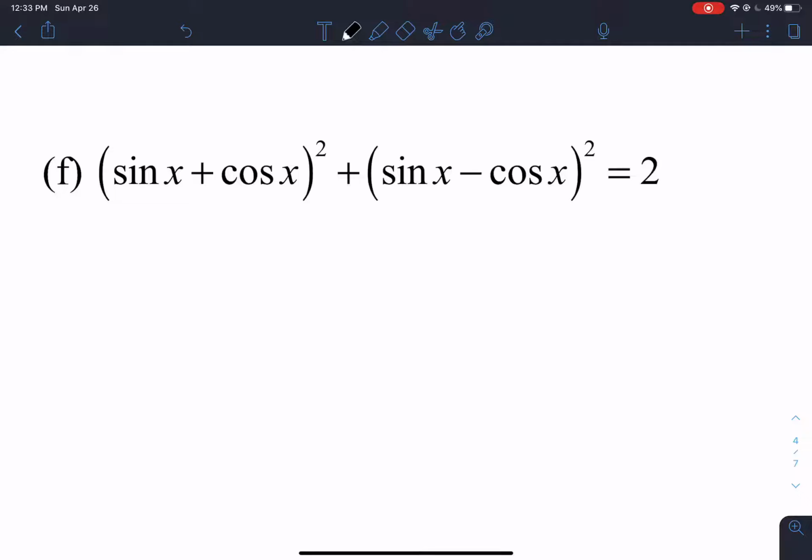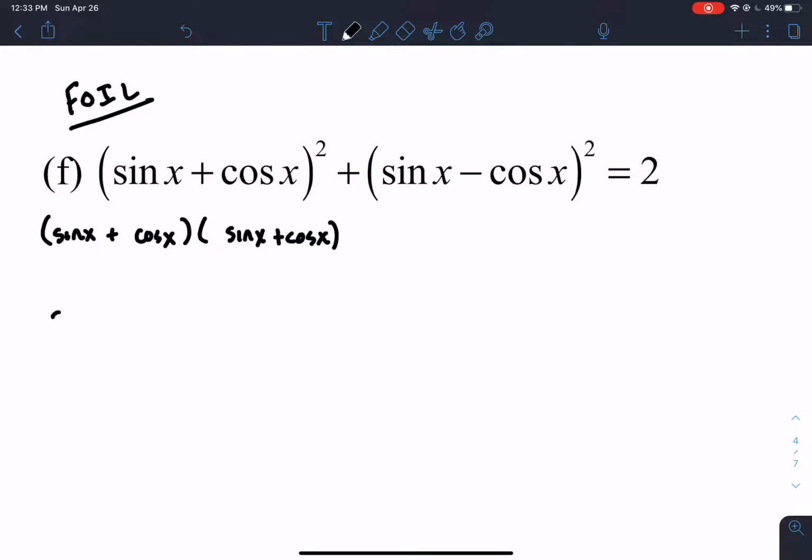Okay, so you need to FOIL everything out. Okay, so this is really sine of x plus cosine times sine of x plus cosine.